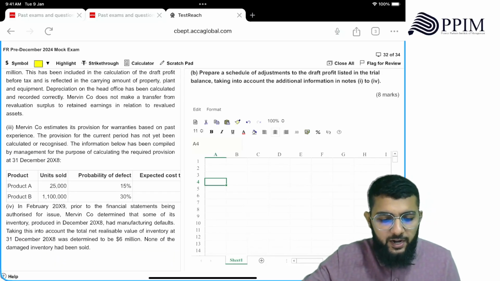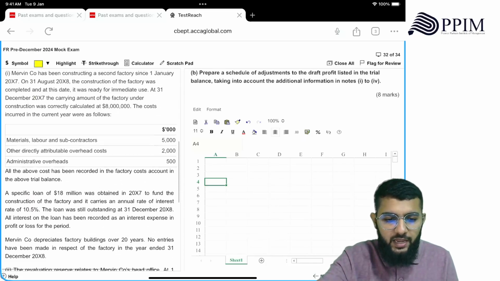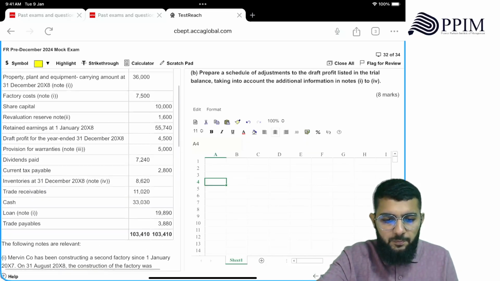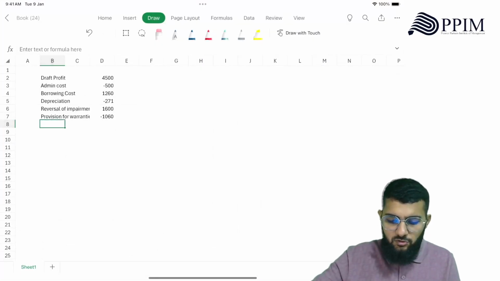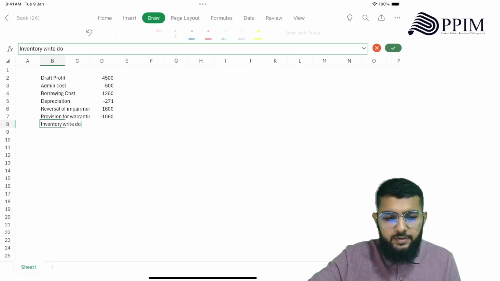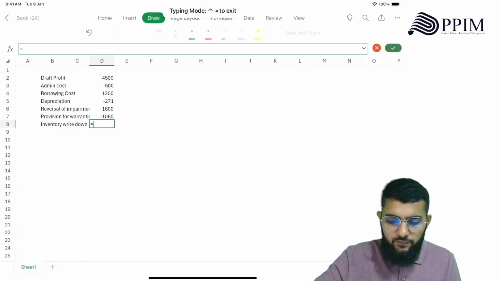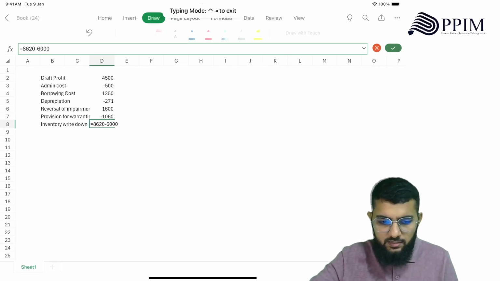So in February, prior to the financial statements being authorized, there is an inventory write down. How much write down? 8,000. 8,620 becomes 6,000. So you have to show inventory write down of 8,620 minus 6,000.